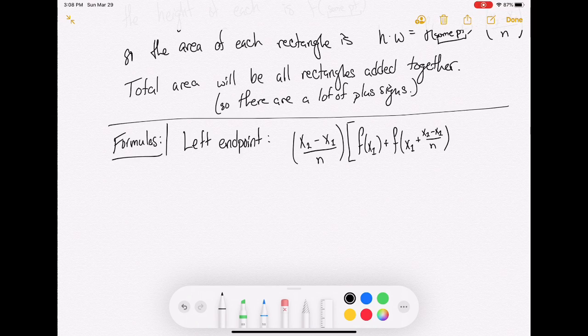So I've just decided to shift what I'm plugging into the function by 1 rectangle's width. And then you add again. I'm going to shift by another x2 minus x1, another one of the widths. And I'm going to keep doing this until I end up at x2 minus one of the widths.